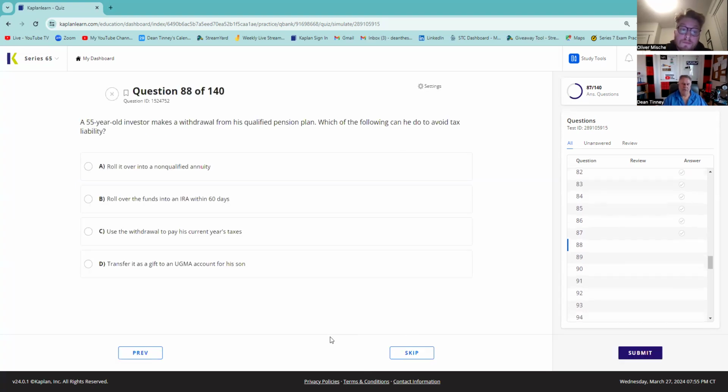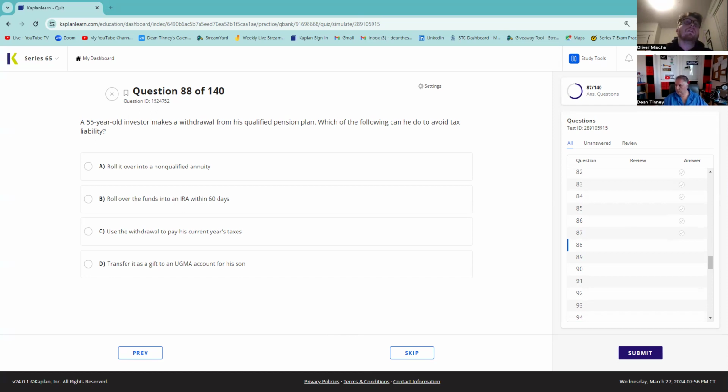A 55-year-old investor makes a withdrawal from his qualified pension plan. Which of the following can he do to avoid a tax liability? This is a weird one. So it's gonna be qualified pension plan.